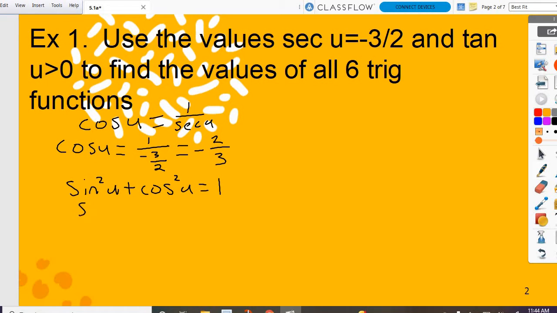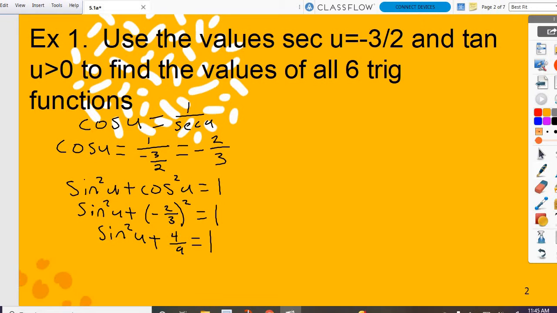Yeah. So what is -2/3 squared? 4/9. Positive 4/9.